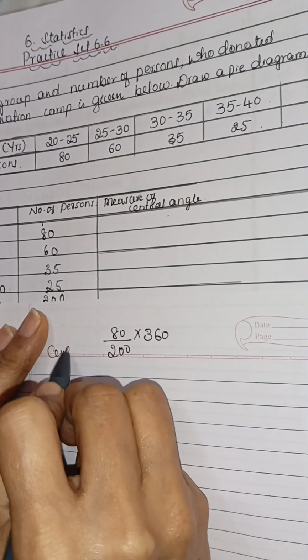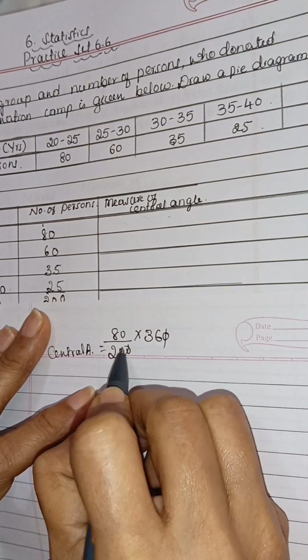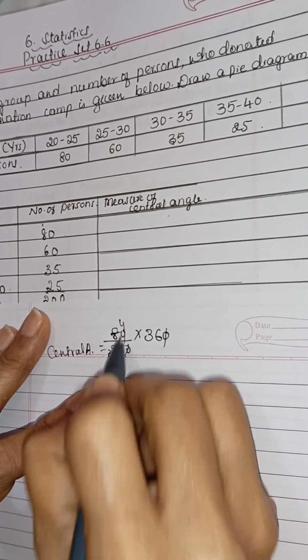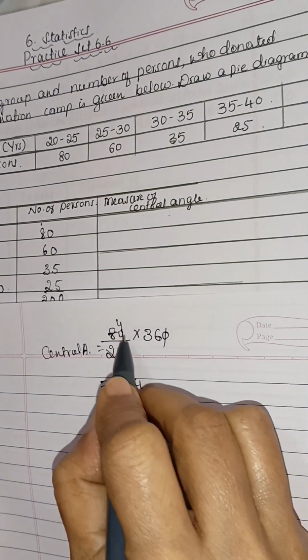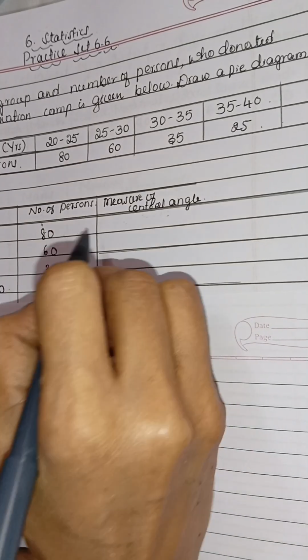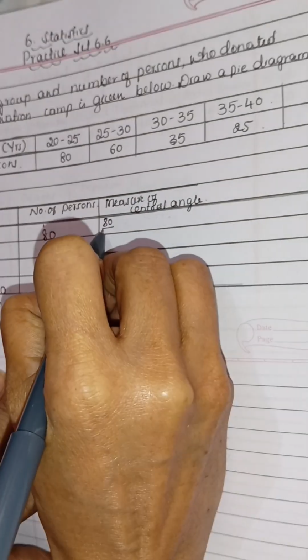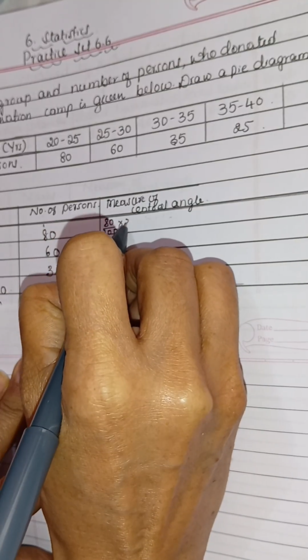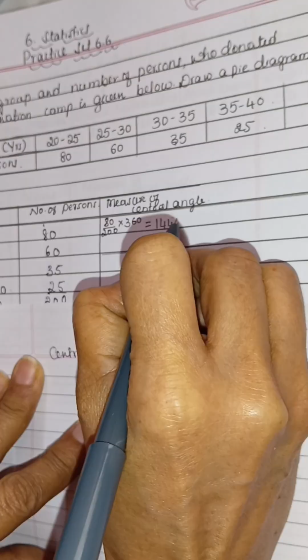The 0s cancel, 2 ones are 2, 2 fours are 8, 12, 13, 14, 144. So 80 by 200 multiplied by 360 is 144 degrees. This is the central angle.